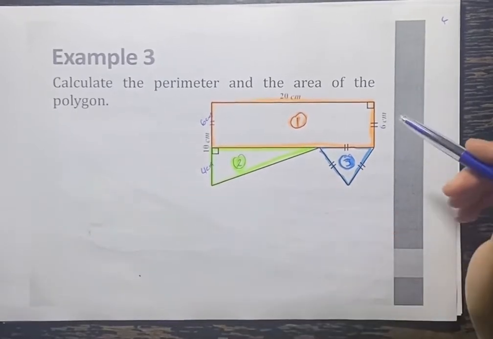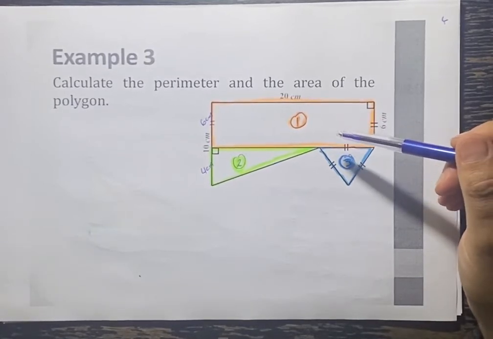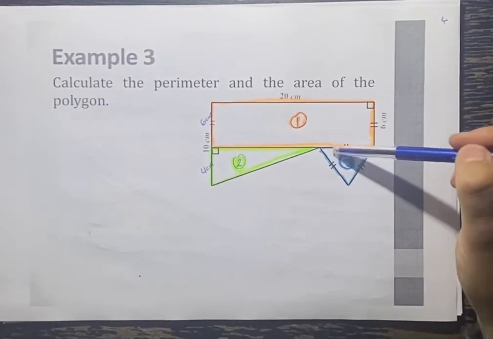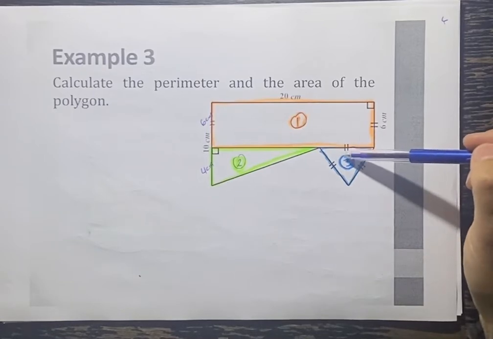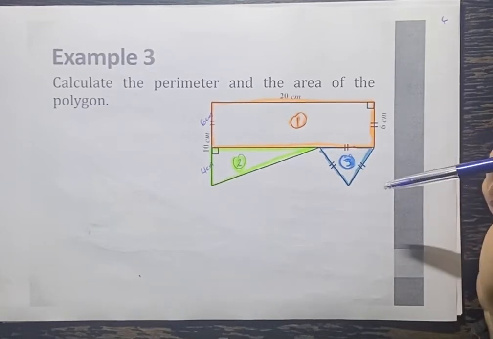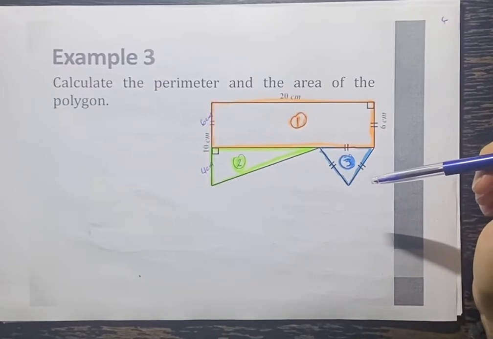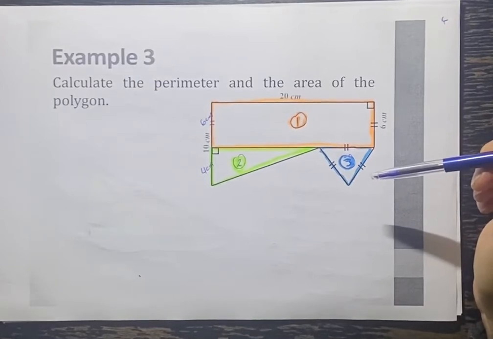Now it's going to be a bit tricky because we don't know what this length over here is, for example. But maybe we can use Pythagoras or something along those lines to figure this out. Let's have a look.